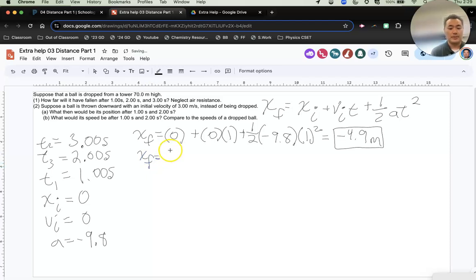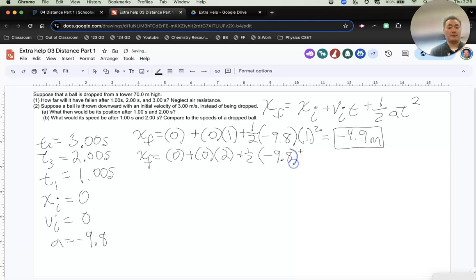XF equals, and tell me what I should put. 0 and then plus 0 times 2 plus half times, it's going to be A, negative 9.8, always.